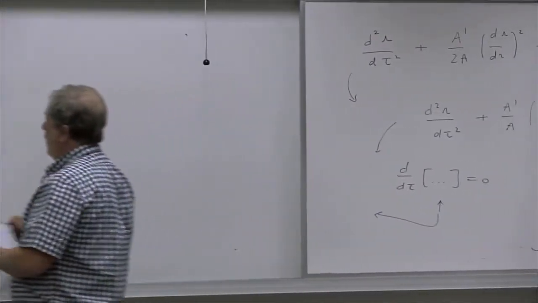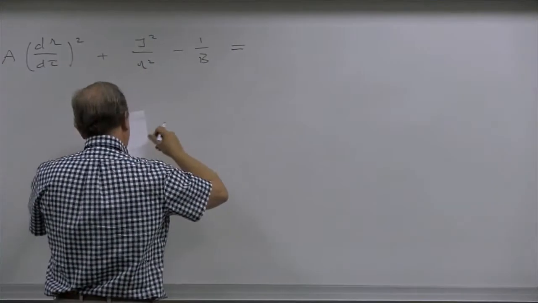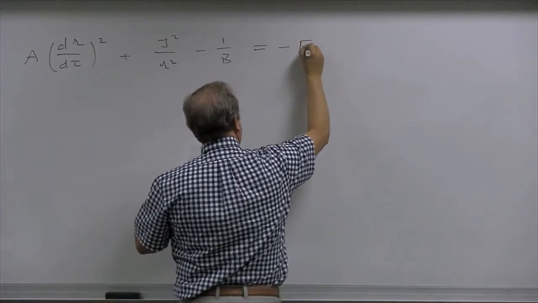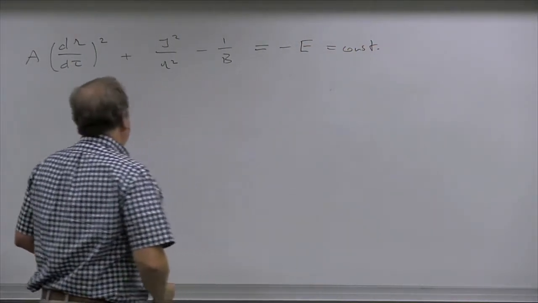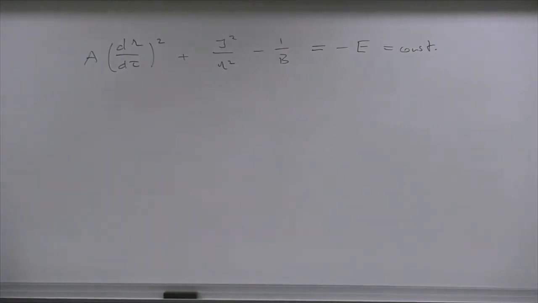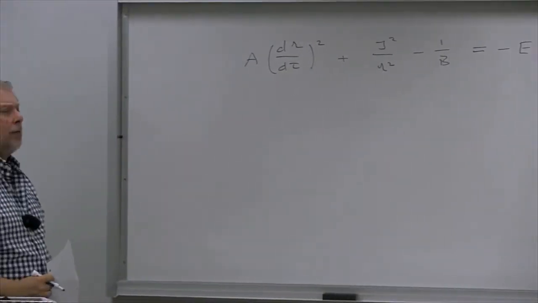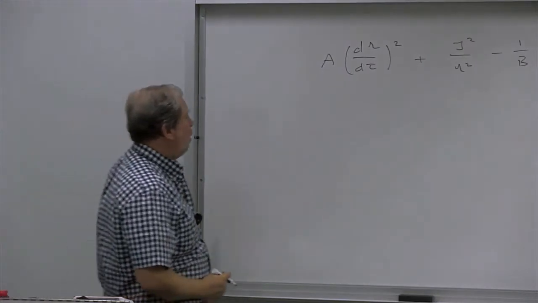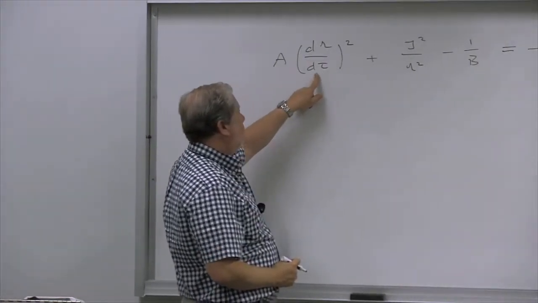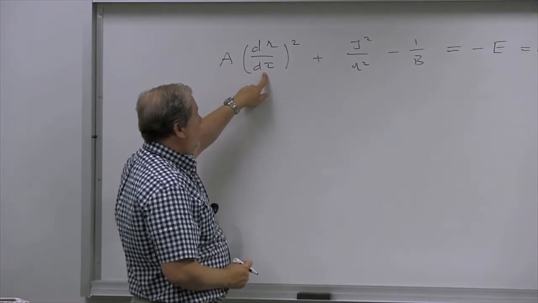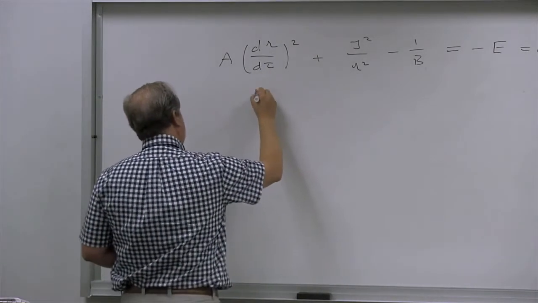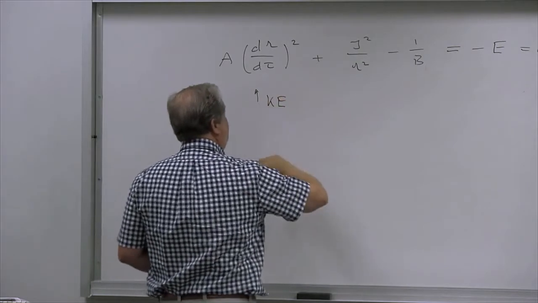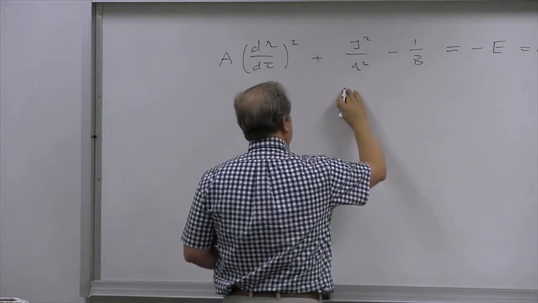So we can always add a constant to this expression, and that constant we're going to call minus e, and it is a constant. So now we start to recognize this as the expression for the energy in classical mechanics, because we have the r dot squared, which is the kinetic piece. So we have the kinetic energy, and then we have the potential energy.